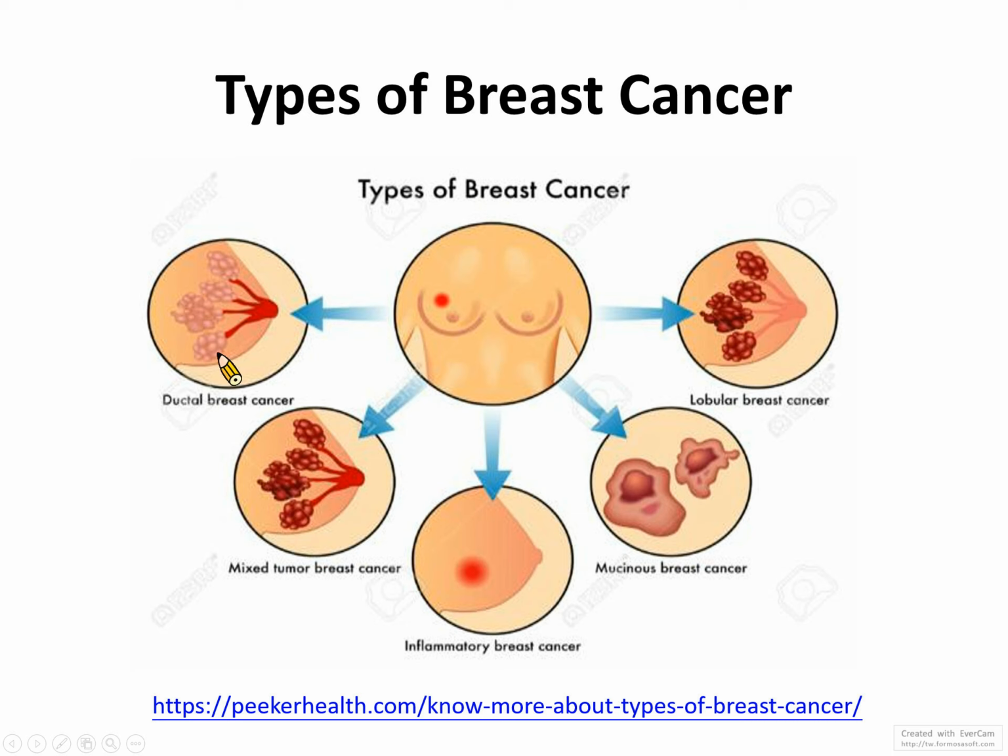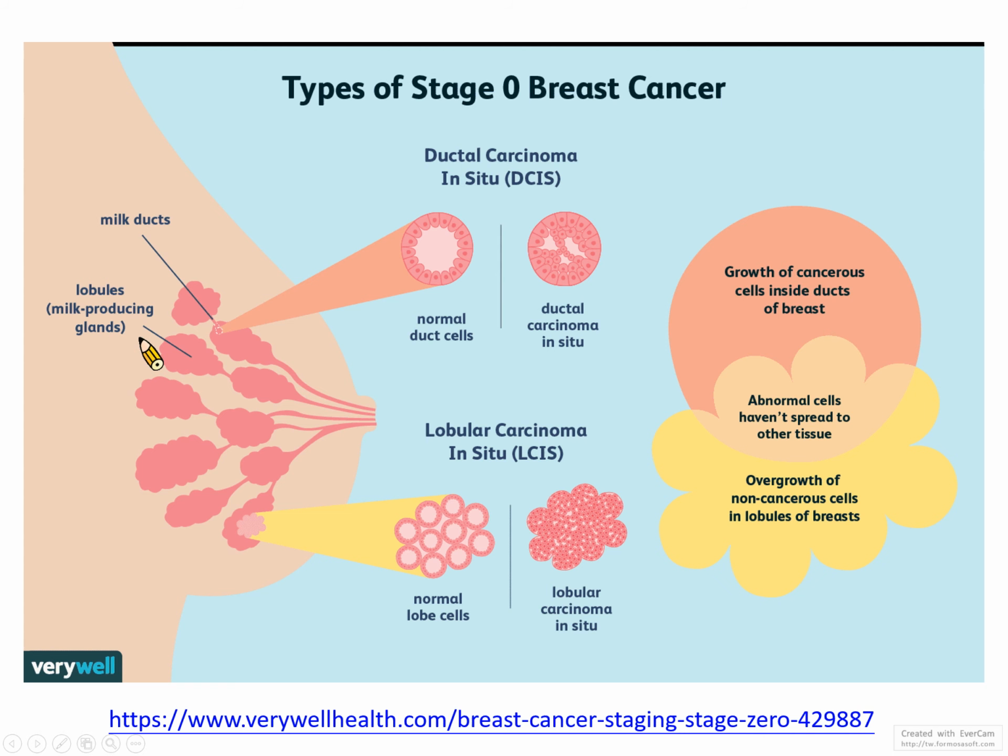So the lobular tissue and the duct tissues are two sites that can have cancer cells. For example, if you have the cancer cells just within the tissue, then we call this carcinoma in situ.